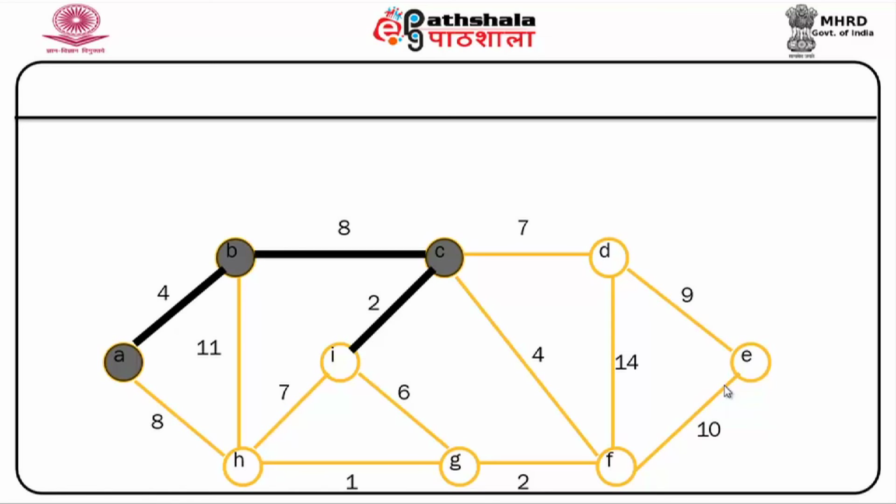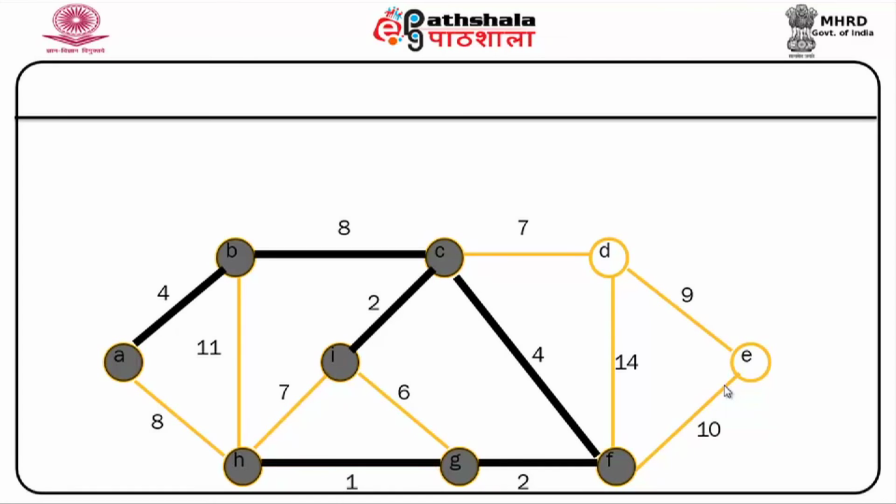Then again I can check the minimum cost, and you can see it is going to be 4. Now again I check, it is going to be 2 and again it is going to be 1. You can see that I can't add from H because it may create a cycle.